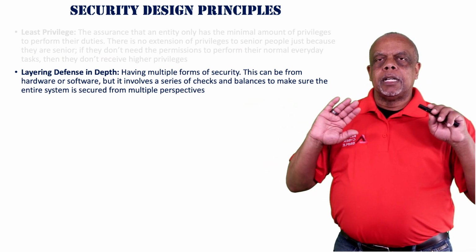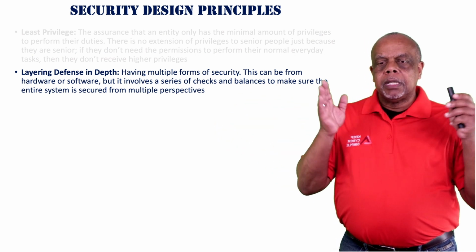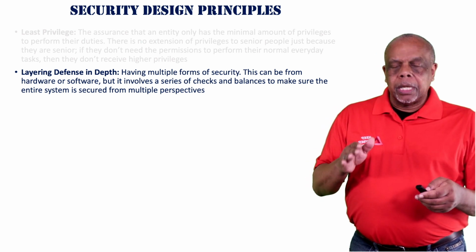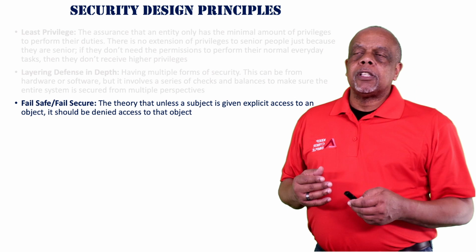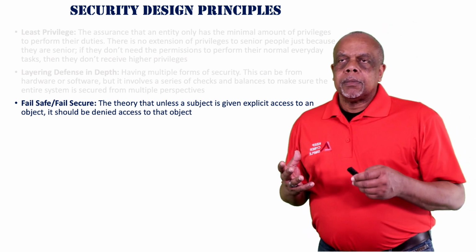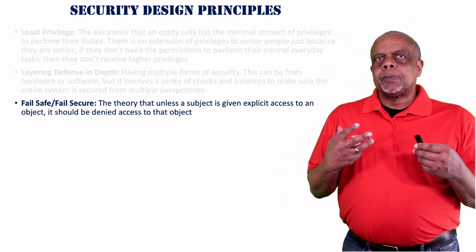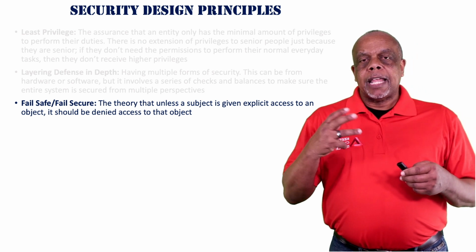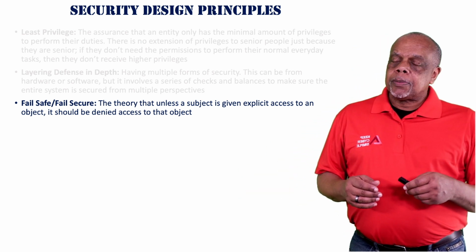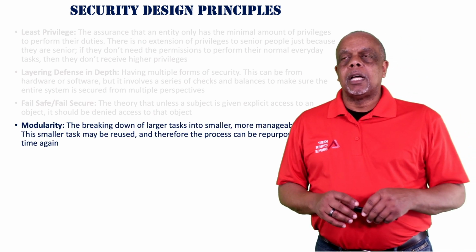Not just one big firewall, but having multiple places where security checks and balances exist within your organization, within your network. Fail safe, fail secure: you want to ensure that when something fails, it fails in the proper state, so that either you're given access to the information object or you're denied access to the object.